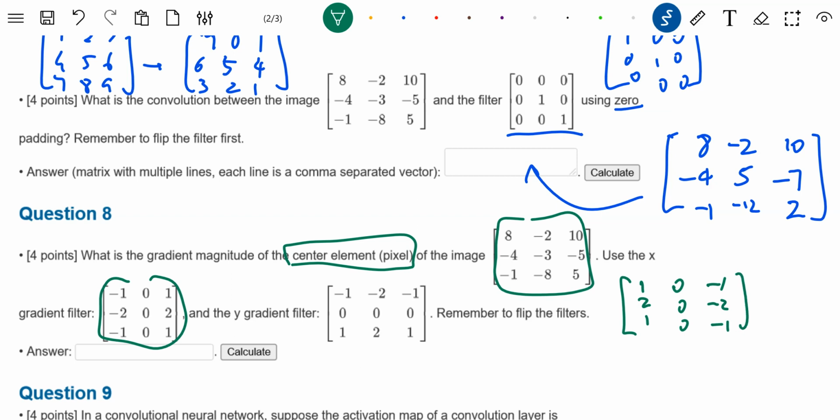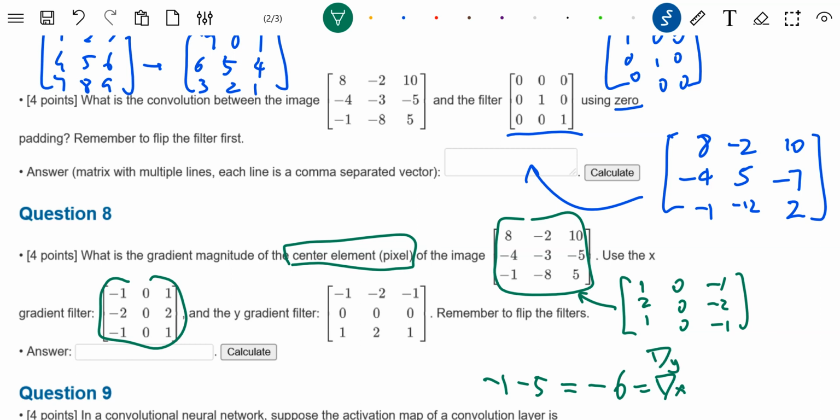And if we put it right on top, we get 8, -8, -1, so it's -1 plus -10 plus 10, -5. So -1 -5, that's equal to -6. So that's our x gradient.